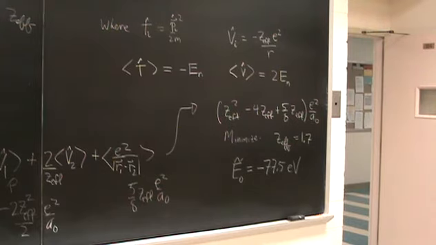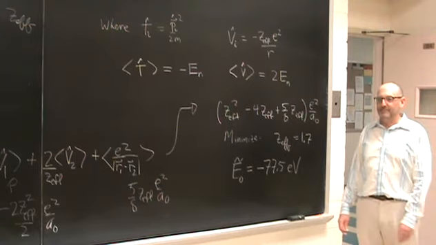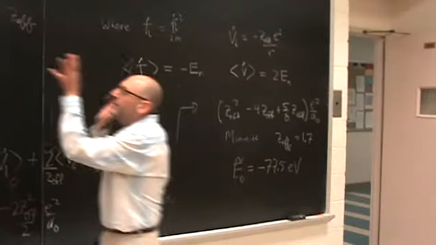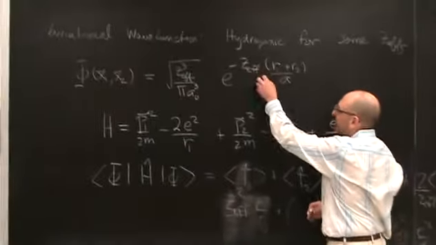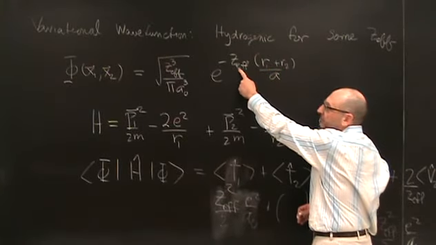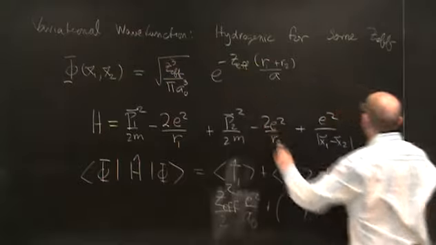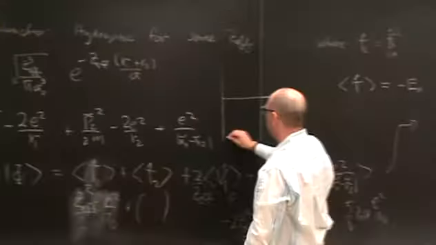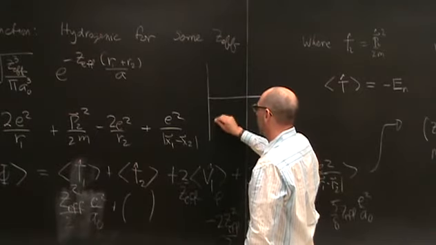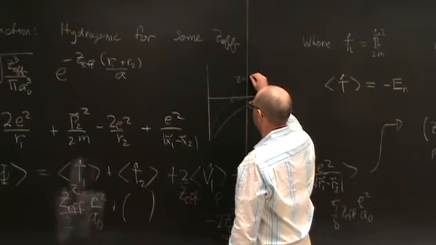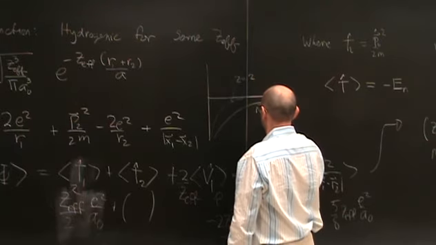I mean, as I said, this is an art. Here what I did is I said that it's still a central potential. It's still a potential that goes like 1 over r, but with some Z effective. What I really should do is have a potential that's central, but it's not just 1 over r. It's got a stronger, this is my Z equals 2, and this is my Z effective.